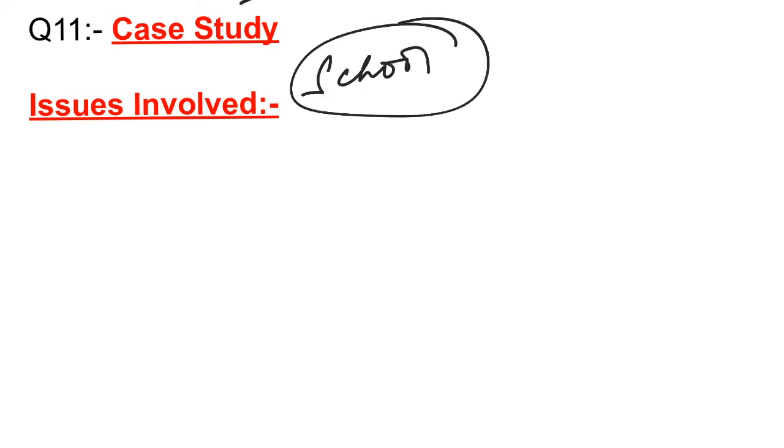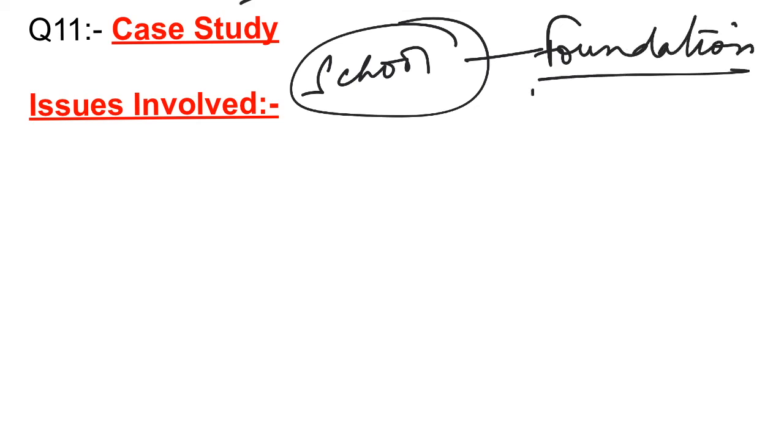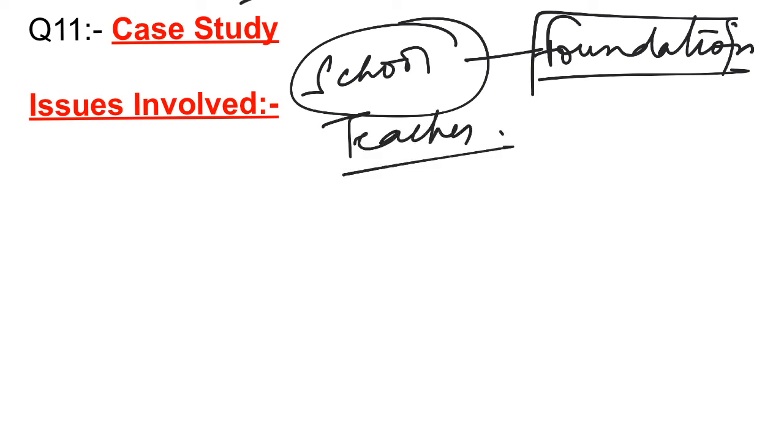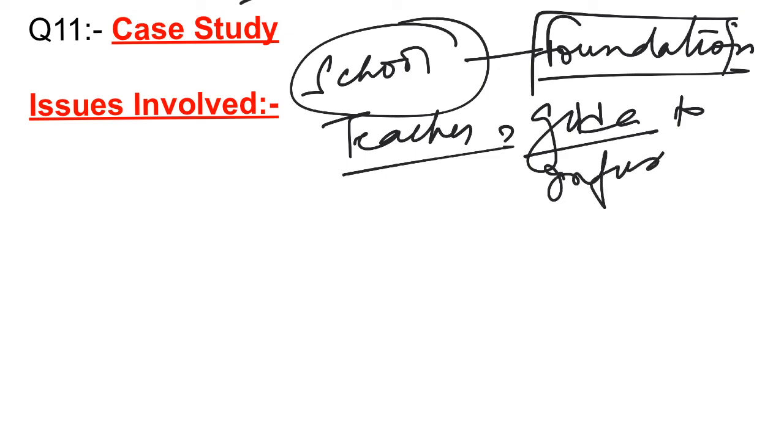So basically the issue involved here is that we understand the school is the foundation of values in the life of the student, and the teacher is considered the guide to infuse the values, but here the case study says that both teacher and school are engaged in some kind of crimes. So what do these events reflect on education and society?